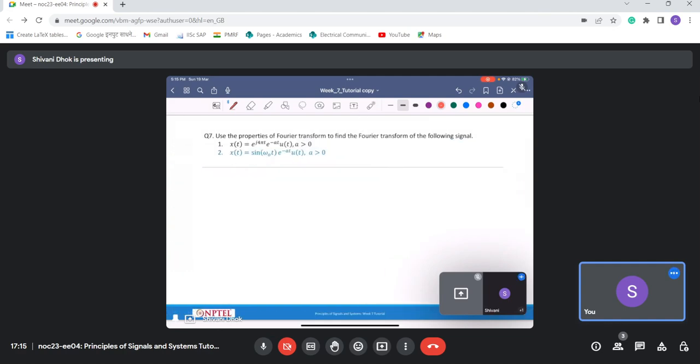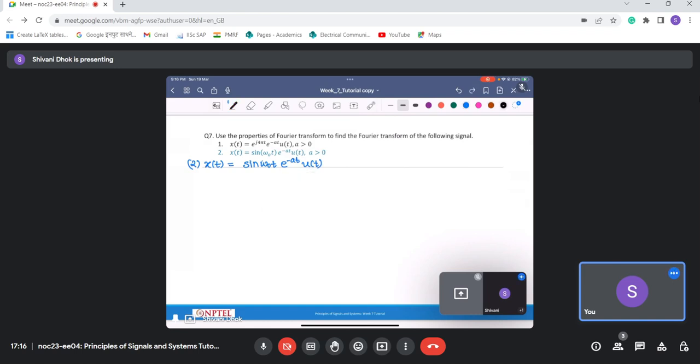Okay, so let us look at the second part of this question. Here we have x of t equal to sine of omega naught t into e power minus a t into u of t. Now again, this we had seen.